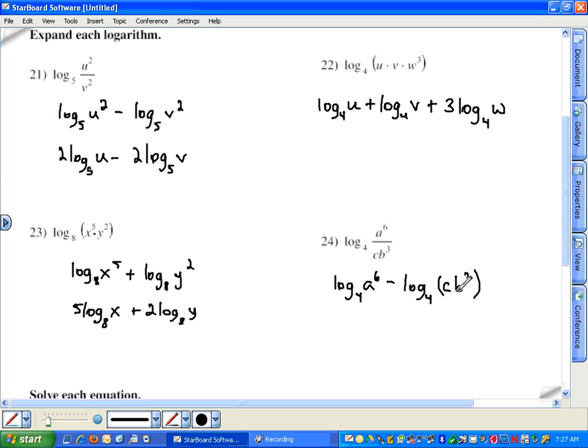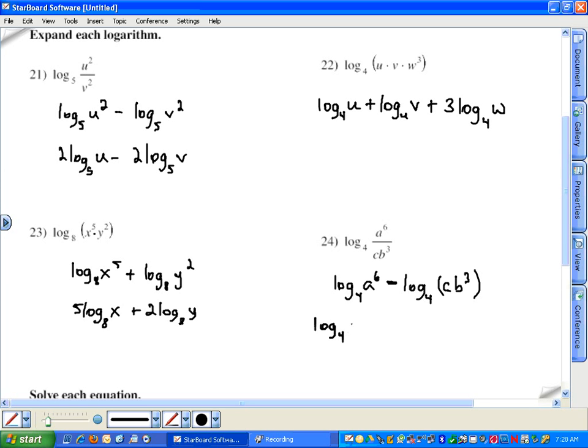And now we take a look at this one here. This logarithm has a product. So we need to expand this product, but we need to be very careful. Right now we're subtracting the log base 4 of the product c times b to the third. So we need to make sure that when we expand this logarithm that we're still subtracting the entire thing. The way we do that is using parentheses.